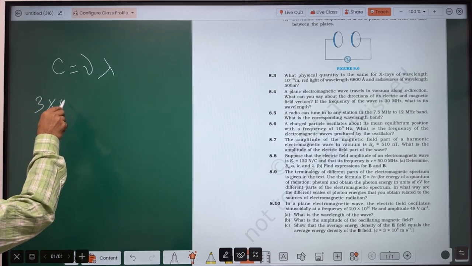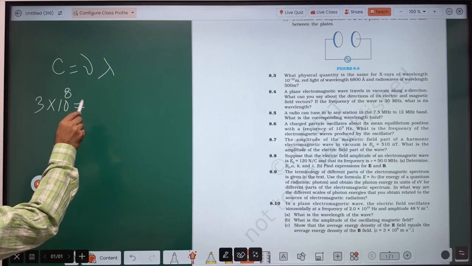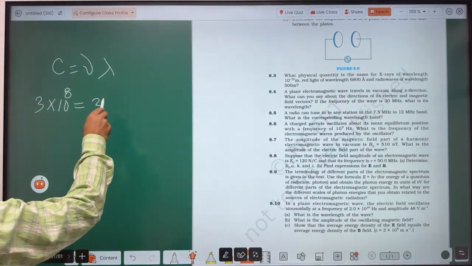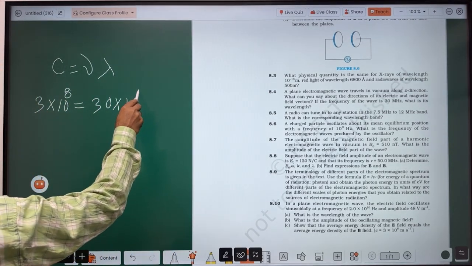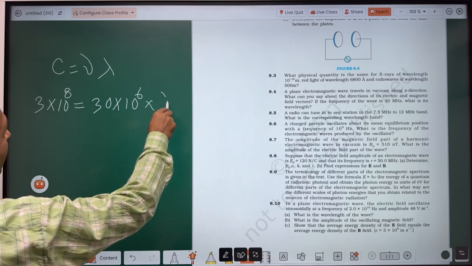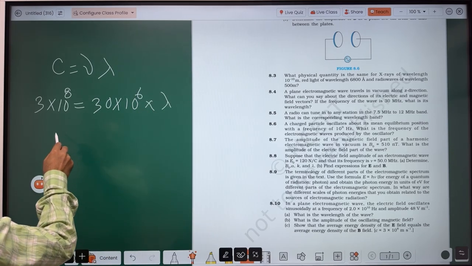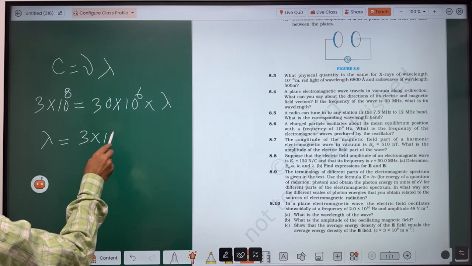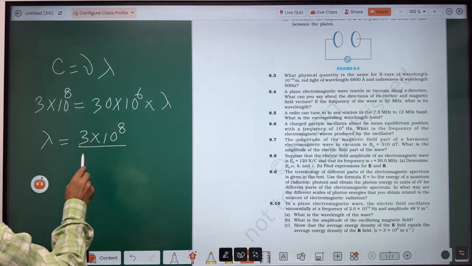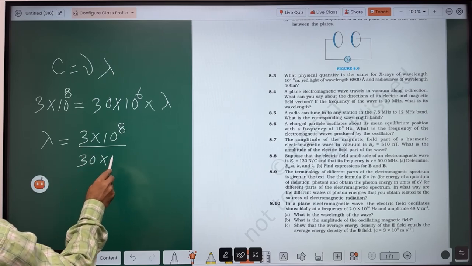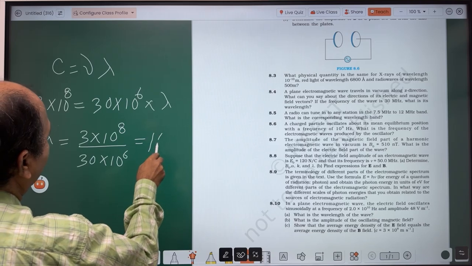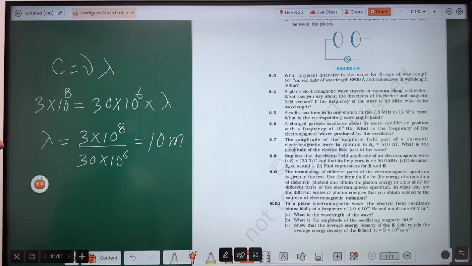Where C is the speed of light, 3 into 10 to the power 8 equals frequency 30 into 10 to the power 6 into lambda. Our concern is to get lambda. So lambda equals 3 into 10 to the power 8 divided by 30 into 10 to the power 6. So it will become 10 meter. The question is simple.